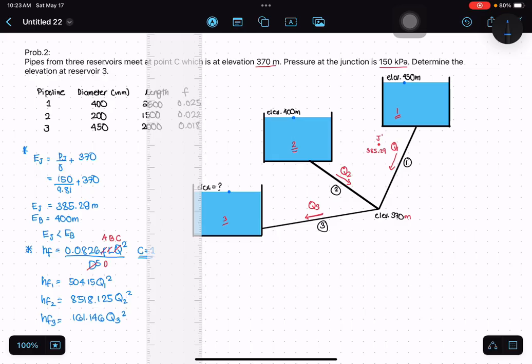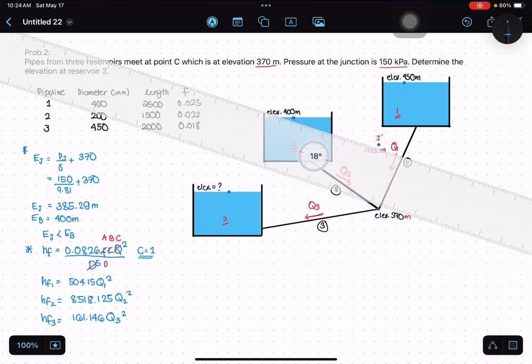Kung i-graph natin, yun na yung point ng total energy nila. While yung sa junction, kung elevation lang yung given, you need to add pa the pressure head para makuha mo yung total energy. So, kung i-graph natin yung total energy ng junction, nandyan siya. Tawagin natin J'.